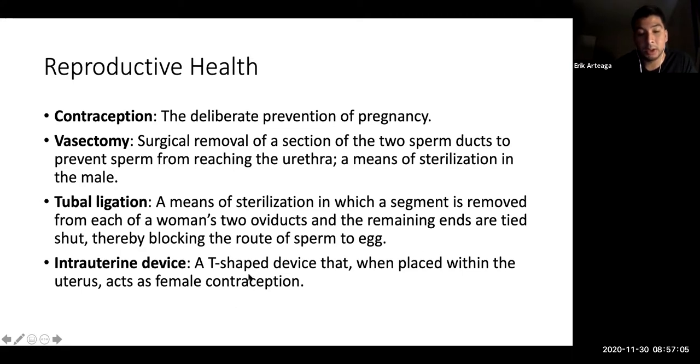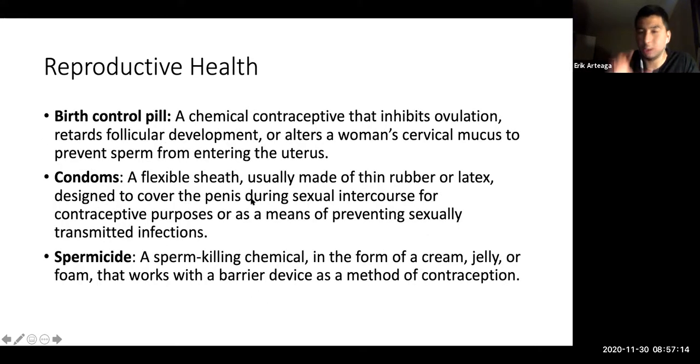Most of the intrauterine devices now are going to be hormonal. Like the ring, you have the ring now. Birth control pill, this is probably the oldest hormonal based treatment. Again, it's either estrogen or progesterone, which is going to be mimicking the menstrual cycle of the female.